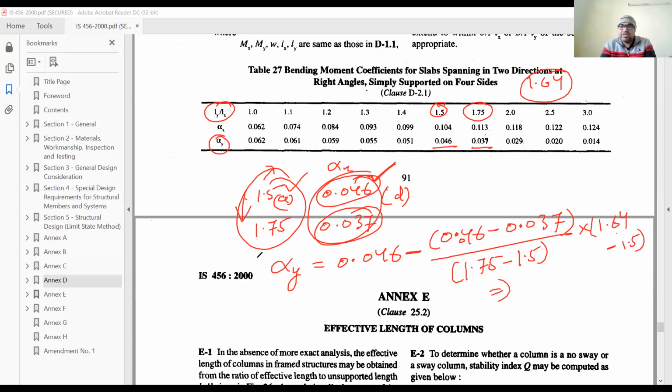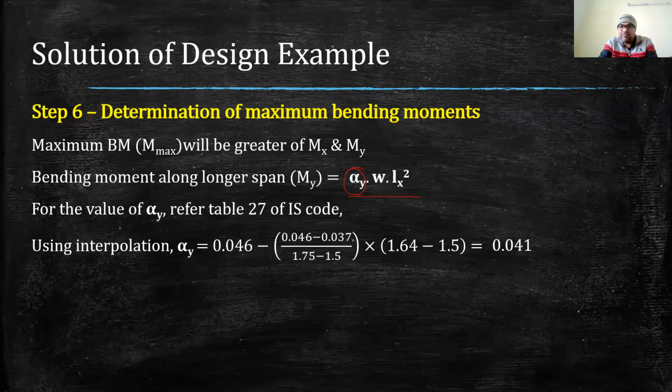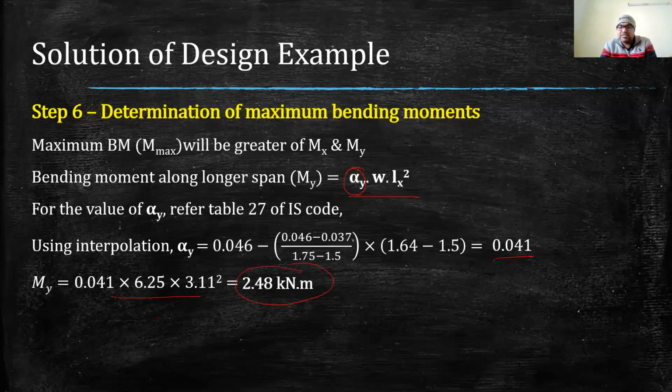Solving this, we get the value of alpha y, which we have done on the slide. So now I'm moving to the slide. Yes, putting the value here, we get the value of alpha y as 0.01. And putting the same value in the formula for My, we get the value of My as 2.48 kilonewton meter.